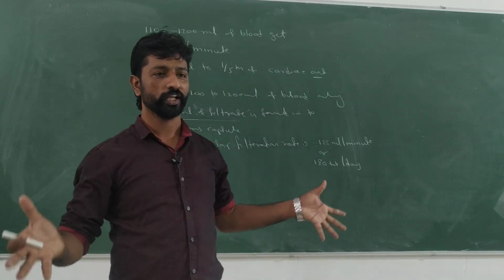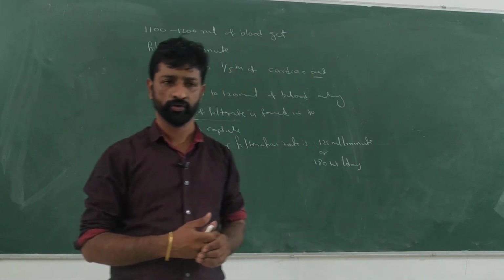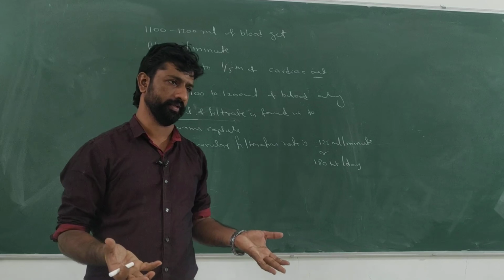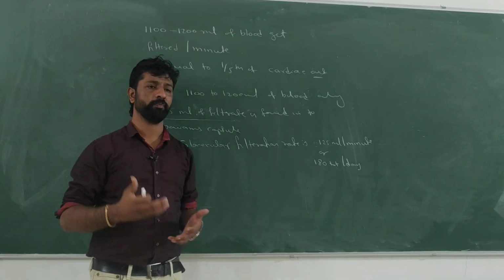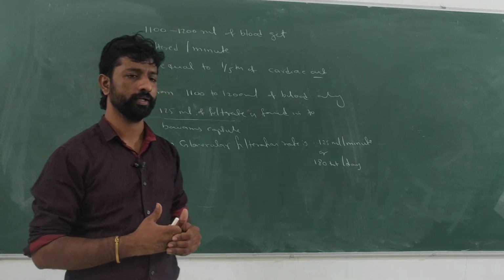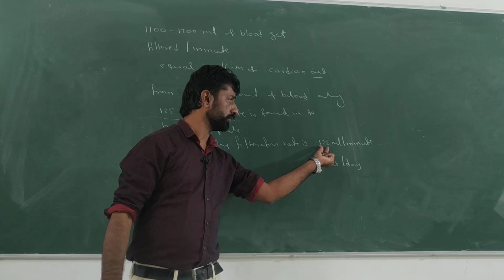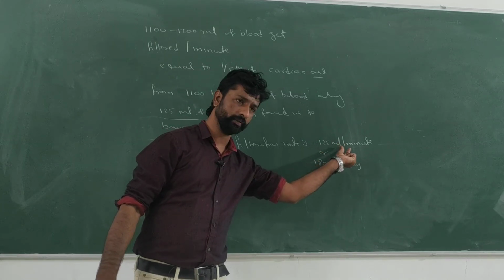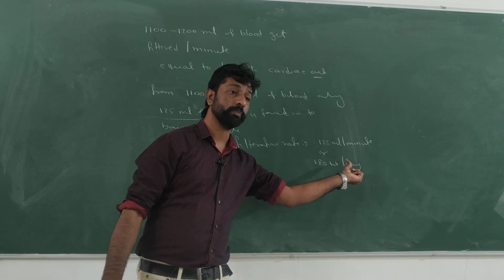But what is the total blood volume in our body? Around 5 liters, right? So the whole blood passes through the kidneys several times in order to produce 125 ml of filtrate per minute. That forms 180 liters of filtrate per day.